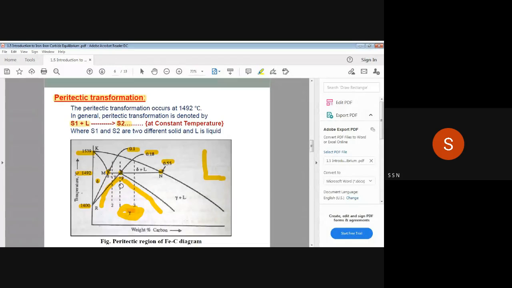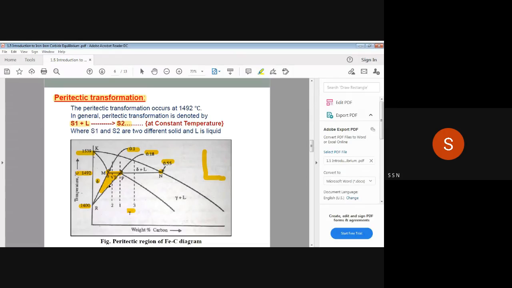Now you may say that one branch has come out here and another branch on this side. So what are these two branches? Suppose the percentage of carbon is between 0.1 and 0.18. In that case, when we start to cool, we get one more phase, and that phase is delta plus gamma.